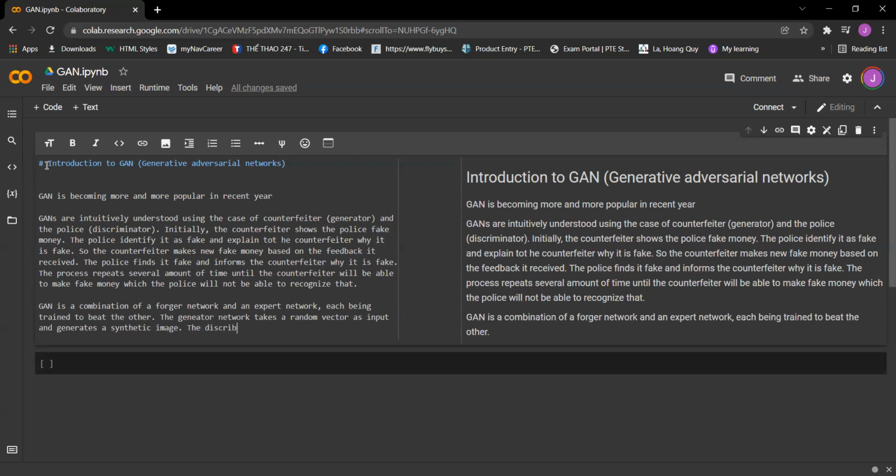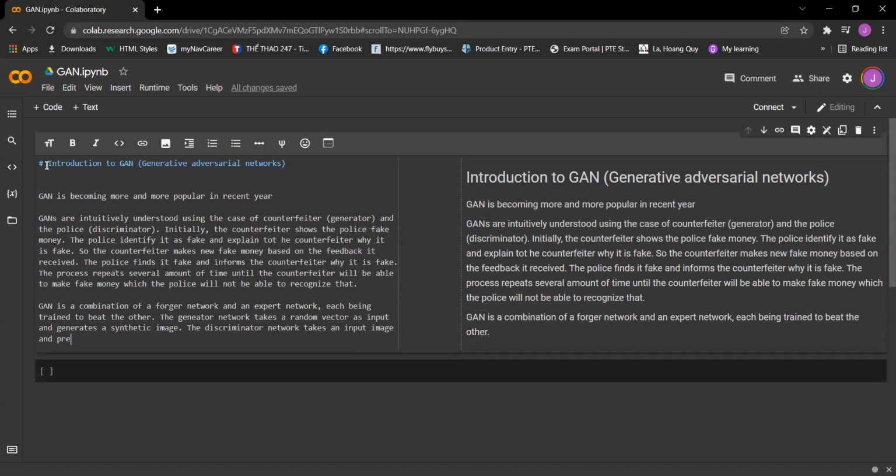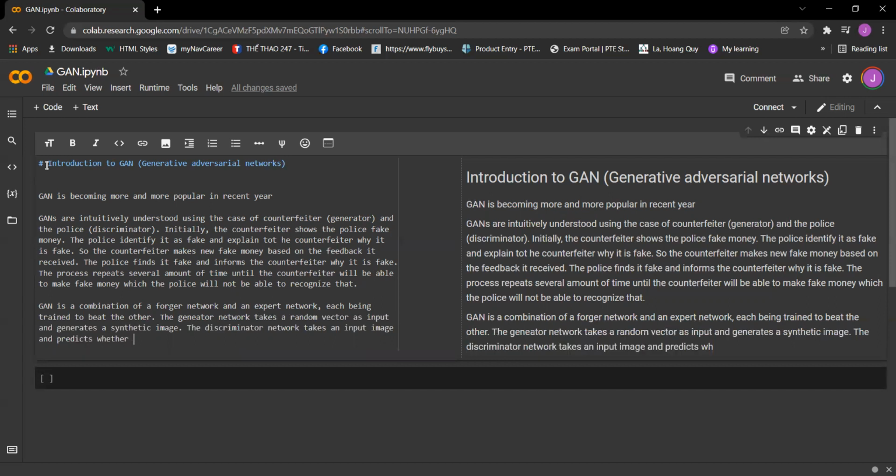The discriminator network takes an input image and predicts whether the image is real or fake.